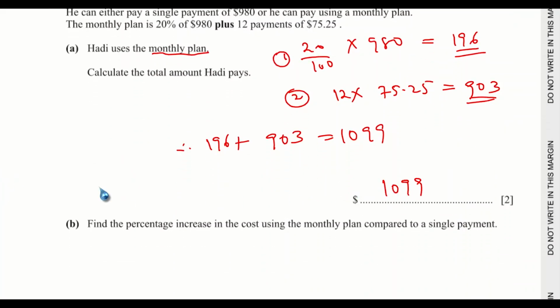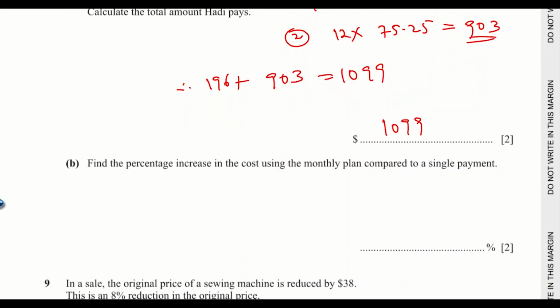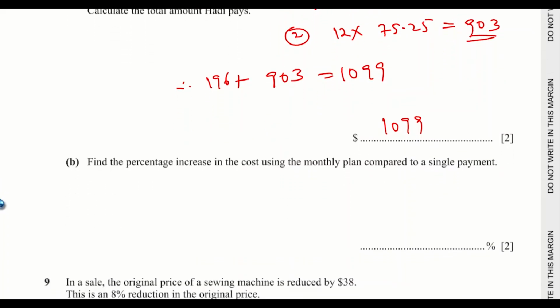Part B, find the percentage increase in the cost using the monthly plan compared to a single payment. We want to find the percentage increase. The increase will be the new value minus the initial value.